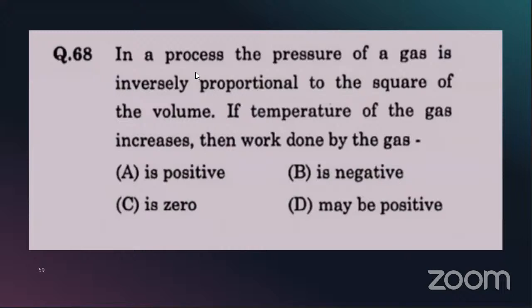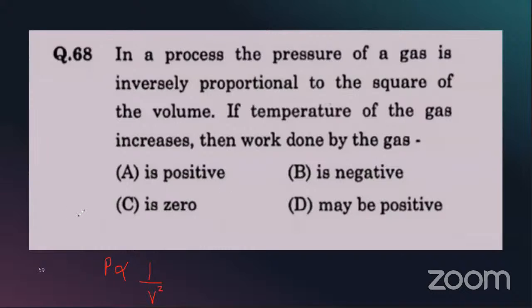Now, in a process, the pressure of a gas is inversely proportional to the square of the volume. Is this correct? Yes, ma'am. If temperature of the gas increases, then work done by the gas is dash.